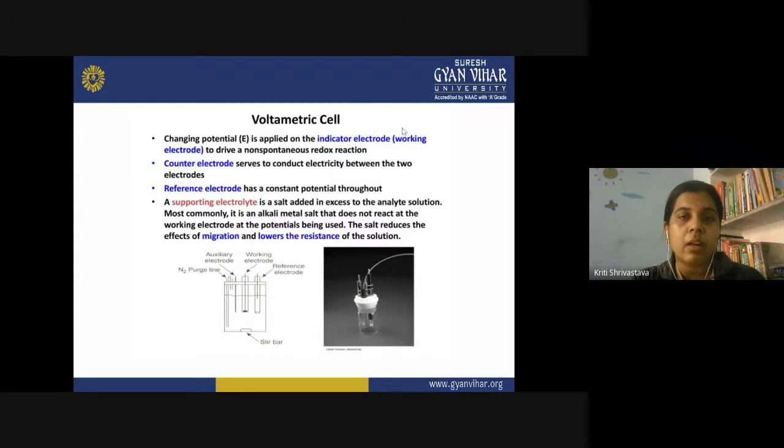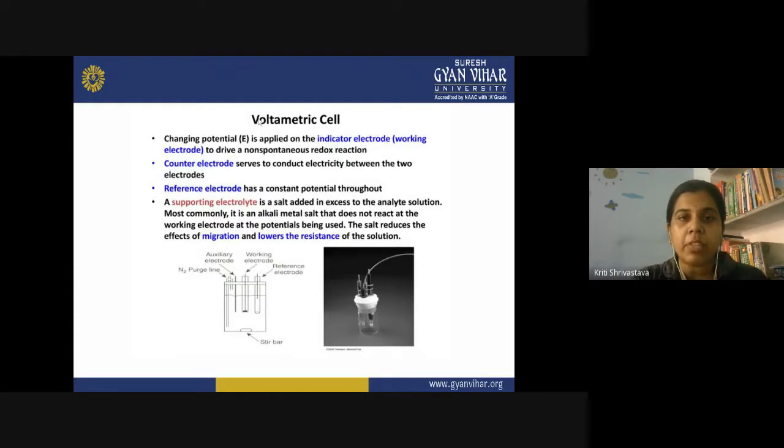Then, with the working electrode, we also have a counter electrode, and the function of the counter electrode is to conduct electricity between the two electrodes. Then we also have a reference electrode in the voltammetric cell, and it has a constant potential throughout. It works as a reference with respect to which we measure the potential on the working electrode.